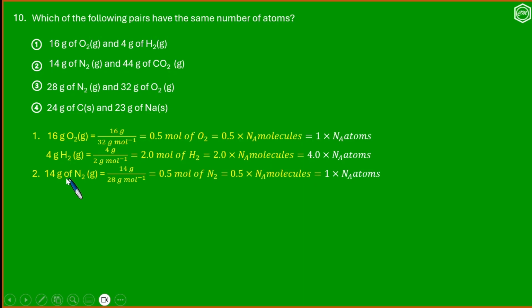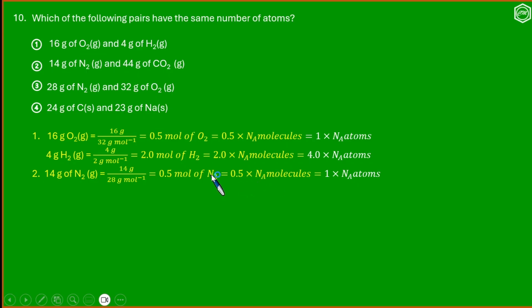Coming to second option, 14 gram of nitrogen, that is 14 by 28, 0.5 moles of nitrogen molecules, 0.5 into Avogadro number, this much number of molecules of nitrogen.